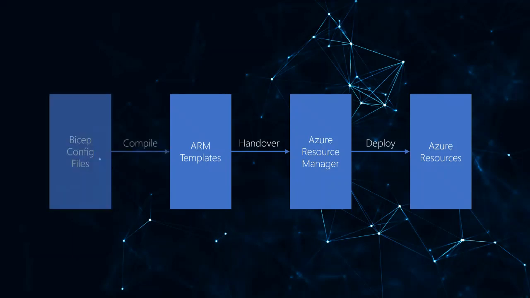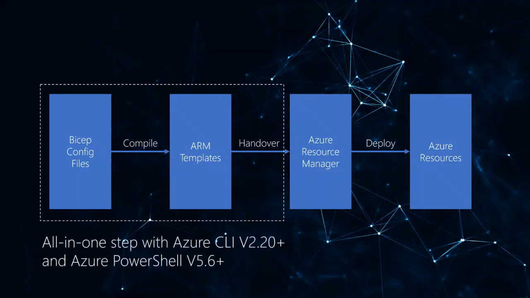But what happens now is that we get this additional abstraction in front of the ARM templates box here, which means that we can now start creating Bicep configuration files, which are far easier to create, understand, read, and write. And then we compile our Bicep configuration files into ARM templates, and then the rest of the process is exactly the same.